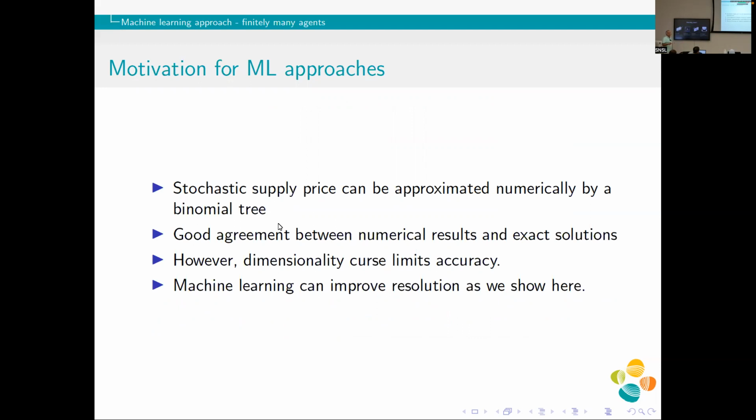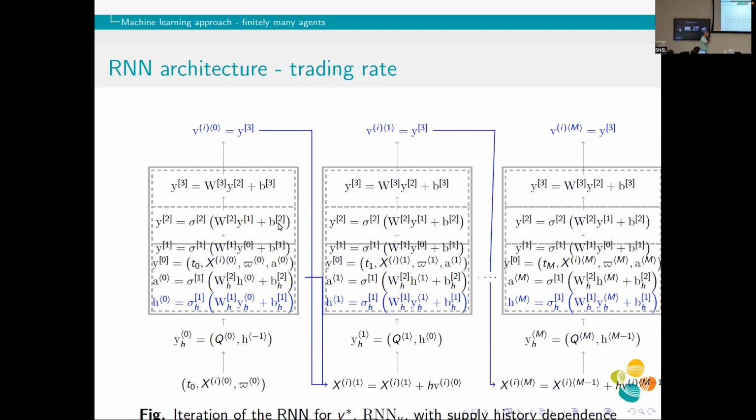The curse of dimensionality really limits the accuracy. You cannot go much more than what we have, and machine learning approaches can in fact improve resolution, as we show here, and this is what I want to explain.